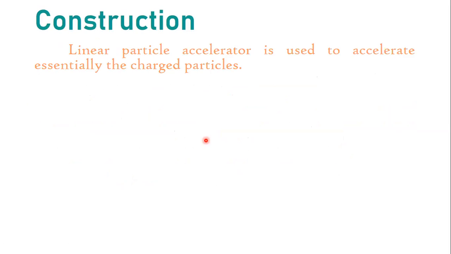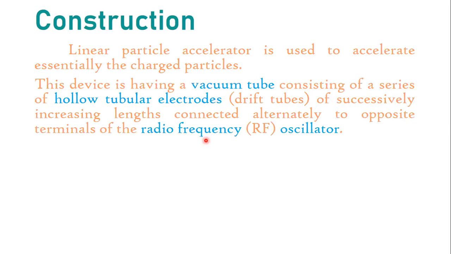Now let us discuss the construction of linear accelerators. A linear accelerator is used to accelerate charged particles. You cannot use these accelerators to accelerate neutral particles; it can be used to accelerate only charged particles.